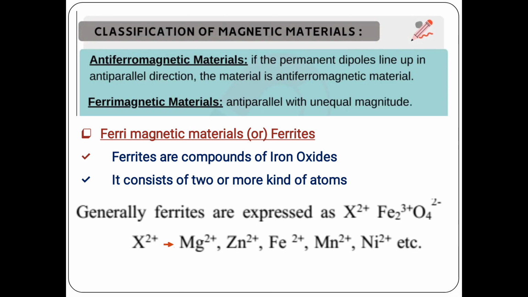Further, magnetic materials are classified based on the alignment of dipoles when they experience an external magnetic field. Antiferromagnetic materials: if the permanent dipoles line up in anti-parallel direction, the material is called antiferromagnetic.